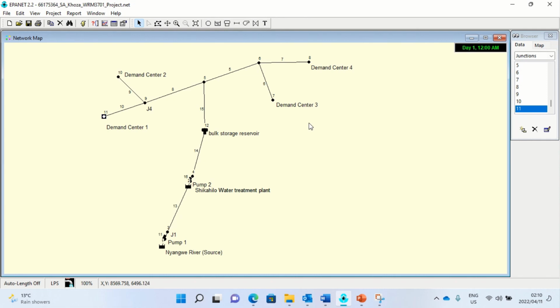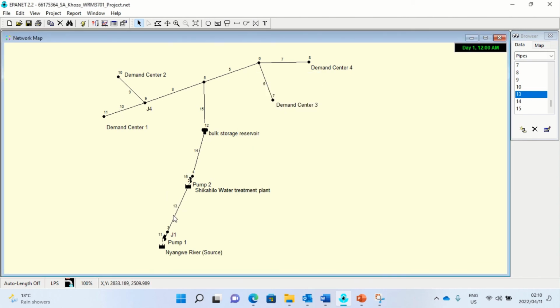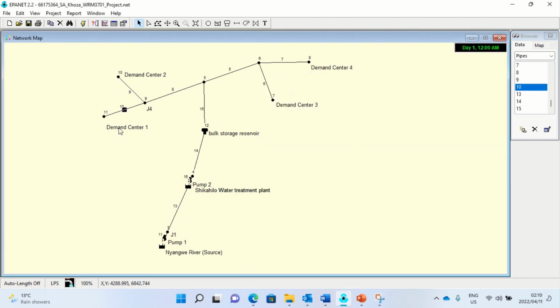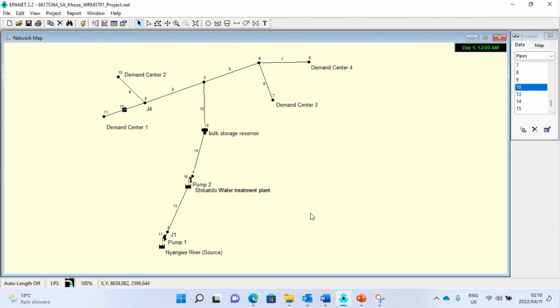And also somehow I was obtaining a negative pressure, so I played around with the numbers or the diameters of the pipes until I was able to obtain a successful run. Like here, this pipe is 1050. Here, this one is 600 millimeters in diameter. So this is how I basically obtained my successful run of the water supply project.